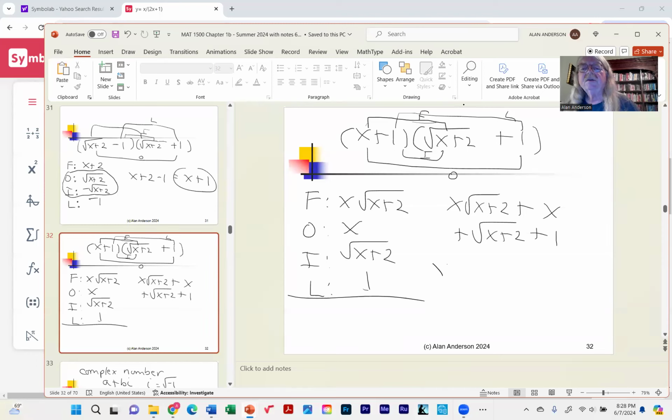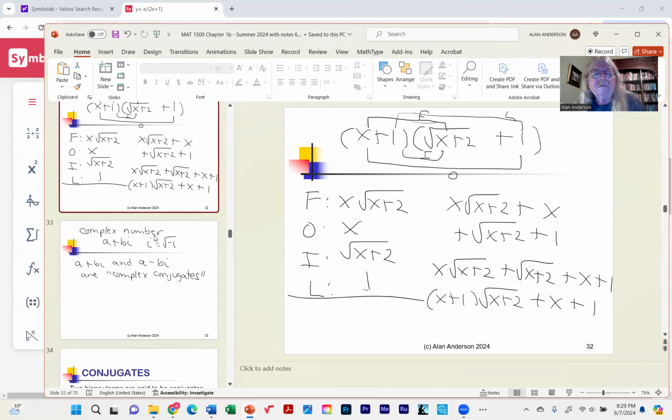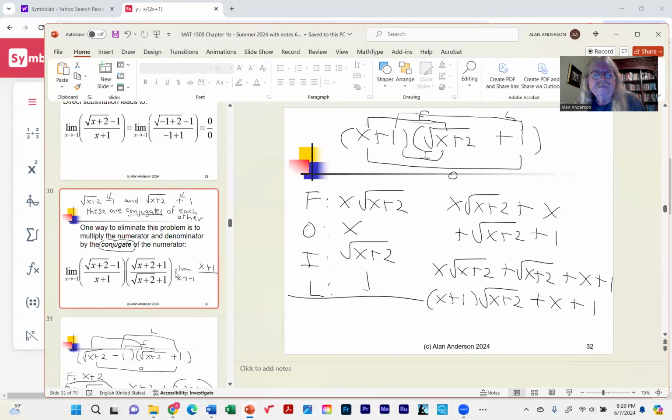So we've actually got two terms here that can be combined. And so you can see what you actually could do here is rewrite this as x plus 1, radical x plus 2, plus x plus 1. Well, it's a bit of a mess, but it may avoid the problem of 0 over 0.